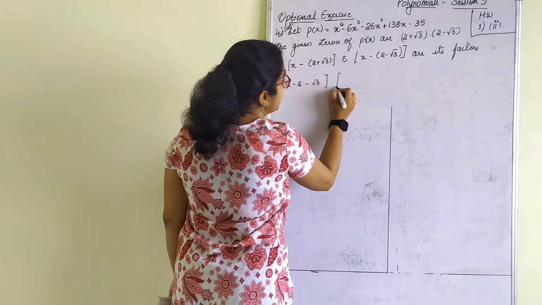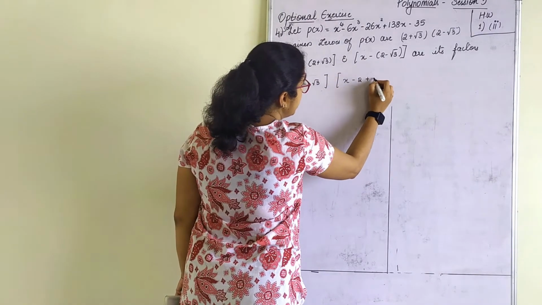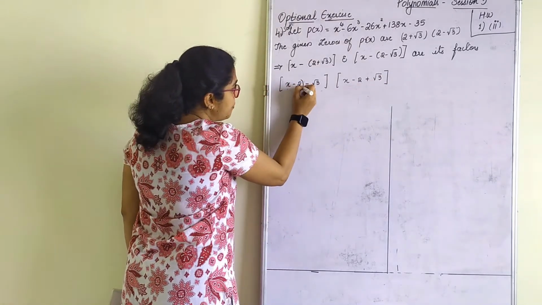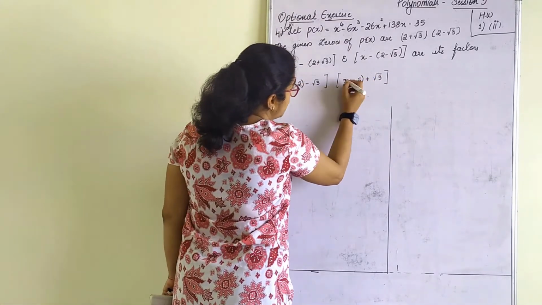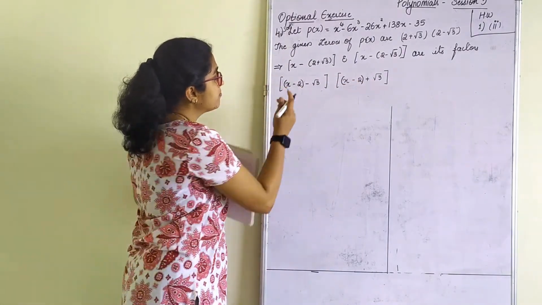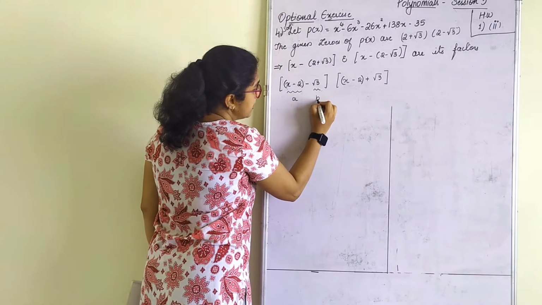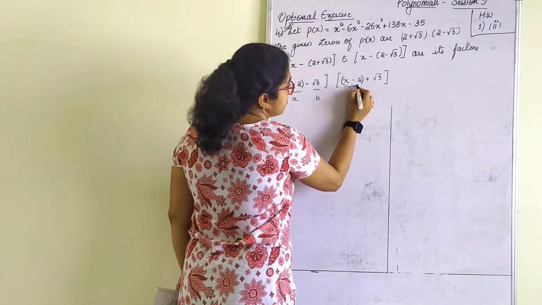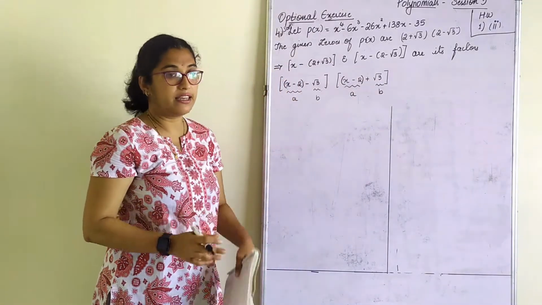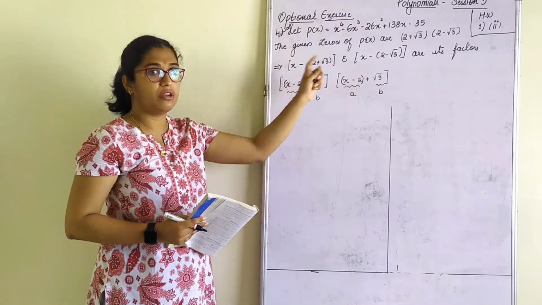And this one will be x minus 2 plus root 3. If I group this x minus 2 and x minus 2, it is of the form a minus b, a plus b. Very clear? Do it very slowly. You will understand.